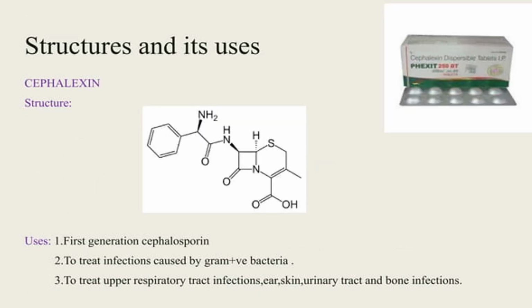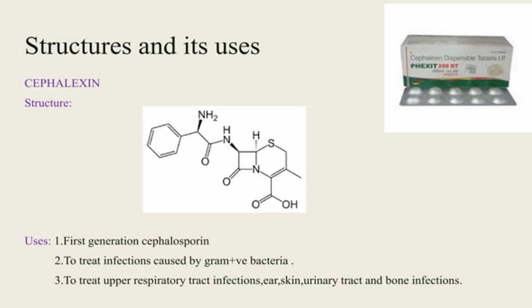Antibiotics. Now we are moving towards the individual discussion of the cephalosporin class and their examples. The first antibiotic belonging to the class of cephalosporin is cephalexin. This is a first generation cephalosporin, which is used to treat infections caused by gram-positive bacteria.